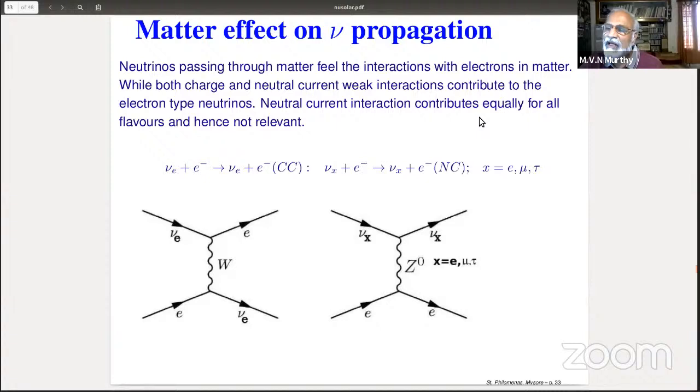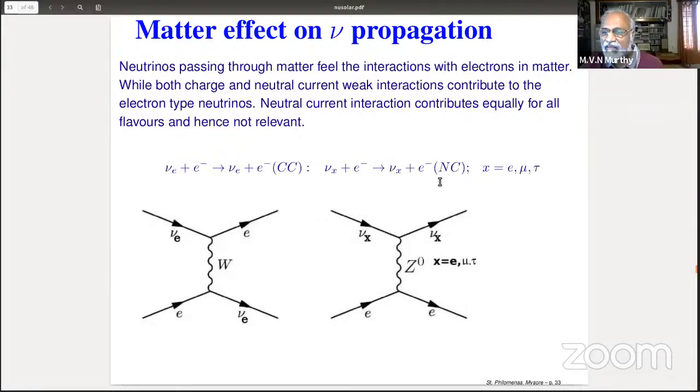So the property of birefringence of photons and the fact that they have a refractive index is a result of the interaction of the photons in the matter. So what we are talking about neutrinos here is very similar to the property of refractive index. We are talking about the refractive index of the neutrinos as they travel through matter.